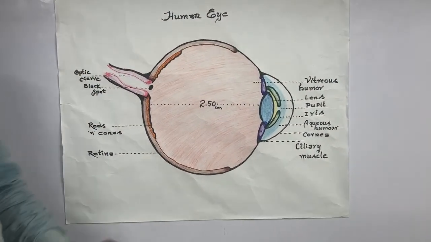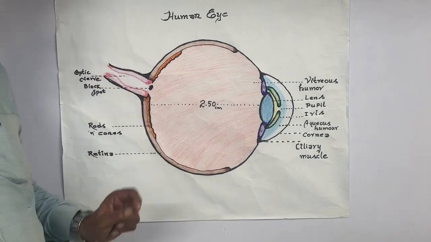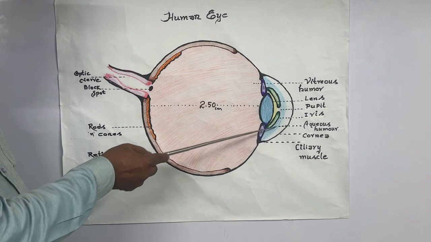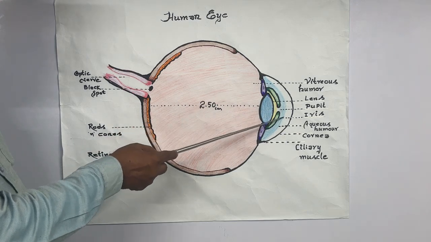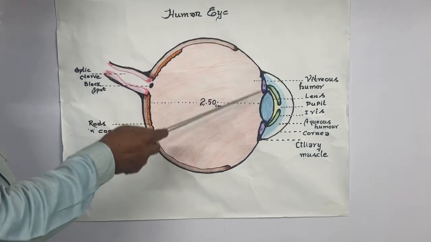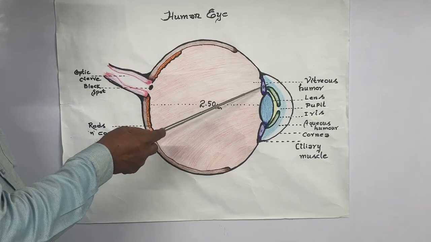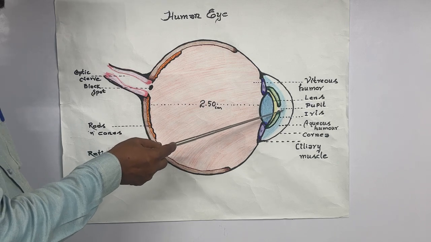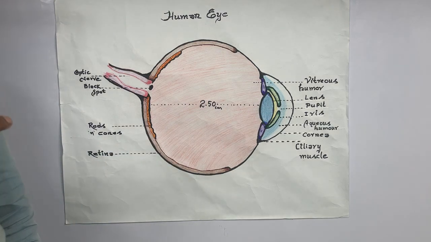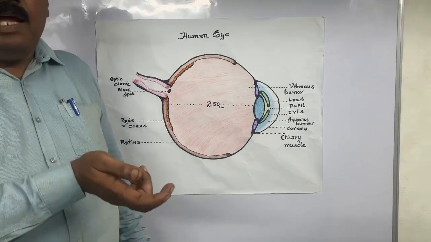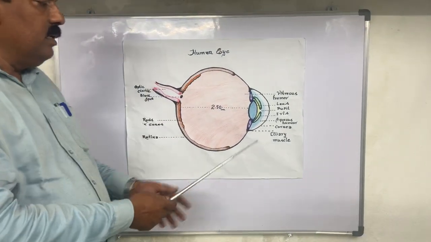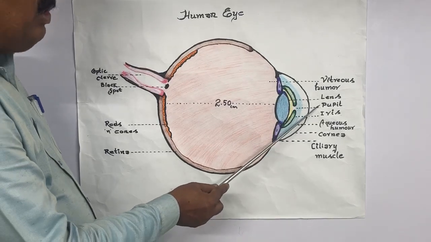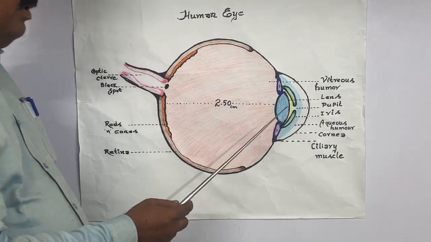The cornea is the first part, and the second part is the aqueous humor, the blue colored one. The third one is the iris, which has a little gap. Through that gap, the outside light enters the eye. That is the reason the gap is there. This gap is called the pupil.